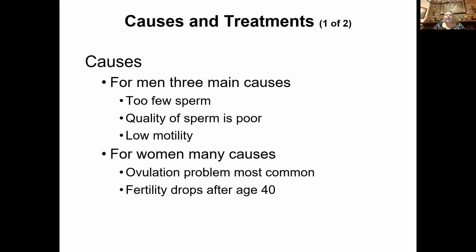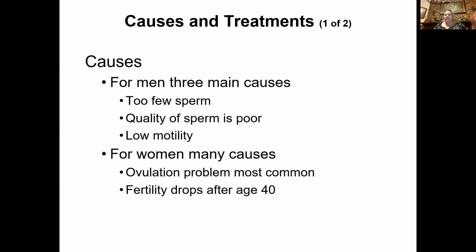Causes and treatments of infertility. For men, there are 3 main causes: too few sperm, poor sperm quality, and low motility. So motility, once again, is the swimming. If they don't swim, if they swim crooked like this, they're not going to be able to get up and make that turn, get up the fallopian tube, all that stuff.